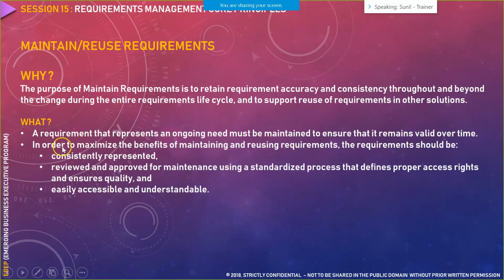And what do we achieve out of maintaining or reusing that particular requirement? We have the requirement consistently represented. We review and approve for maintenance using a standardized process that defines proper access rights and ensures quality and easily accessible and understandable requirements. Why do we need to put special emphasis on access rights? Because there are certain elements in a requirement gathering process which we do not intend other stakeholders to see.